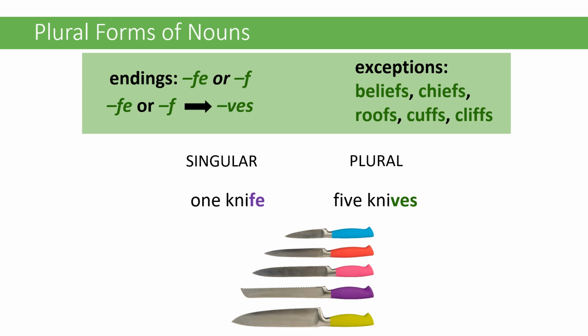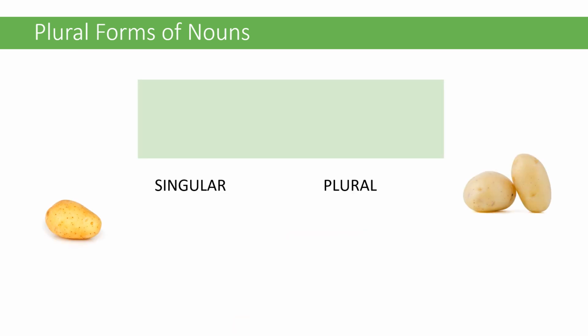If you're paying attention, when we say beliefs, chiefs, roofs, cuffs, cliffs, the F sound is still there, right? But when we go from knife to knives, the sound changes from an F to a V. So in this case, the pronunciation and the spelling actually match each other, which is not always true in English.